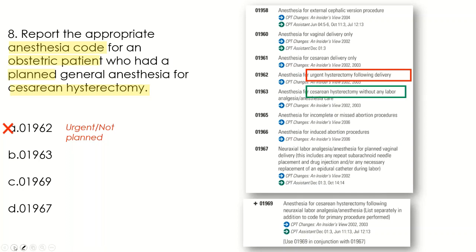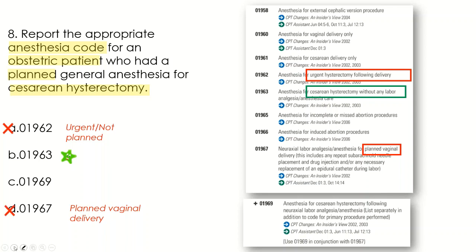All right, anesthesia for cesarean hysterectomy without any labor analgesia or anesthesia care. That one looks pretty good, but let's check out our other possibilities. 01967, neuraxial labor analgesia anesthesia for a planned vaginal delivery, and again, we have no delivery documented here.